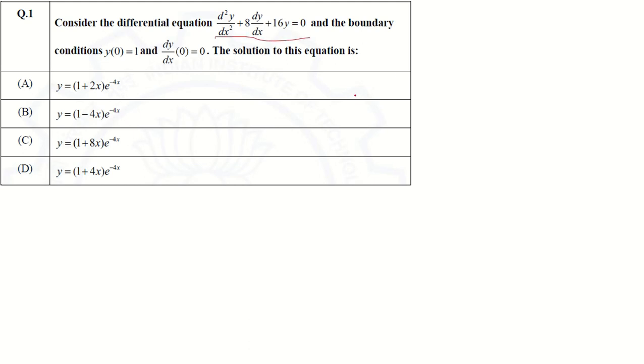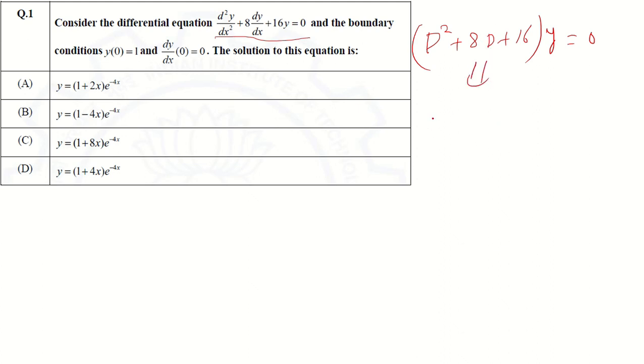this equation is given. So we can solve this equation, we have to change it to D squared plus 8D plus 16, y is equal to 0. We can change it like this, right?